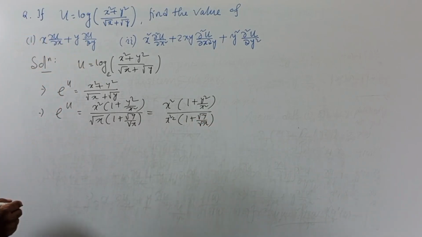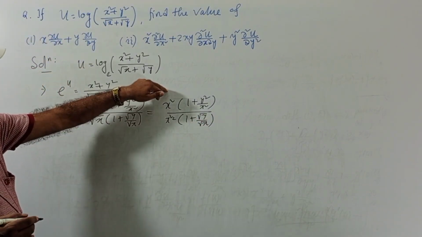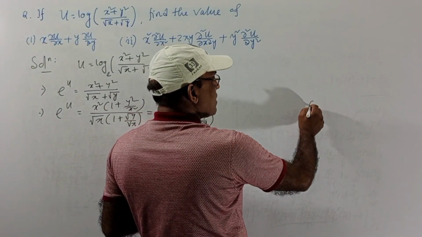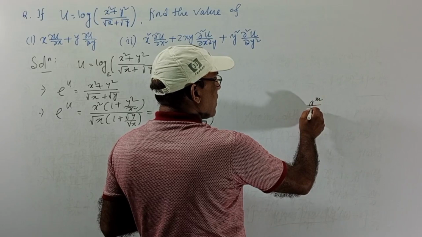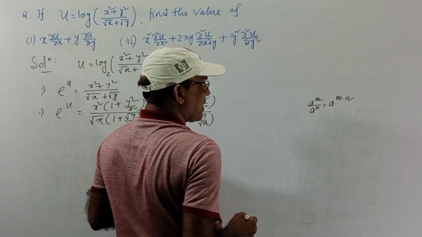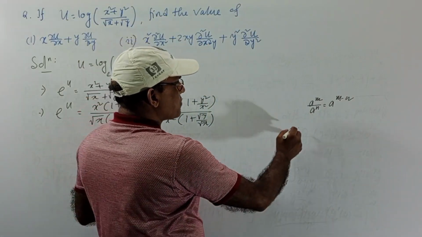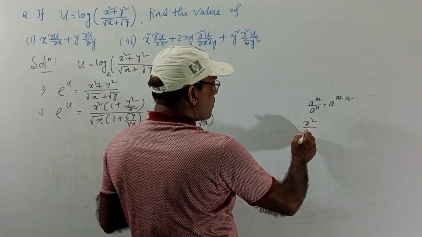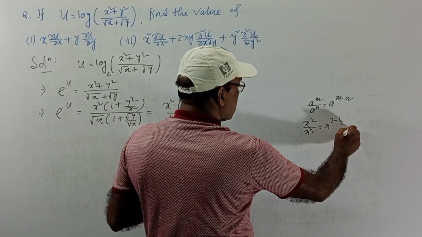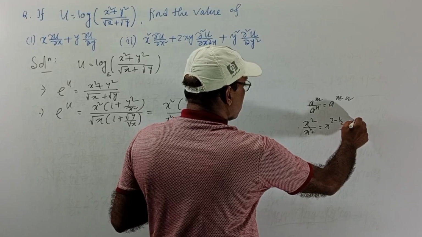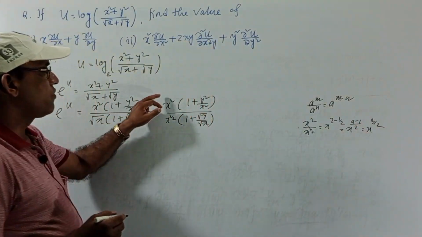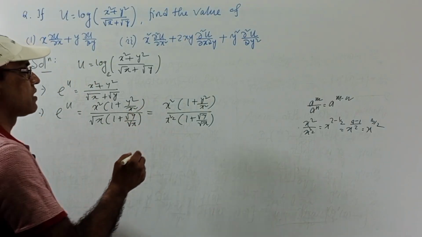We get this, and this half becomes in numerator. We know this formula from lower class, a to the power m by a to the power n is a to the power m minus n. Then here x square by x to the power half, x to the power 2 minus half, this is 2 LCM, 4 minus 1, x to the power 3 by 2. So if we calculate this, we get x to the power 3 by 2.